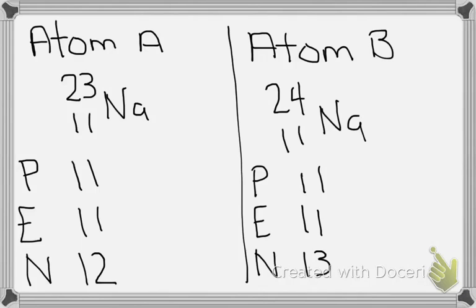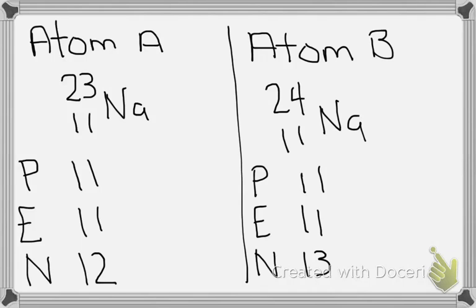So what we're dealing with here when we talk about isotopes is we need to compare the parts of the atom and see whether the number of protons and electrons are similar, or the atomic number is similar. And so looking at this, sodium has 11 protons in atom A, it has 11 protons in atom B. That's the same. That's a good start. The other part of this definition, though, is that we have to have a different number of neutrons, or a different atomic mass.